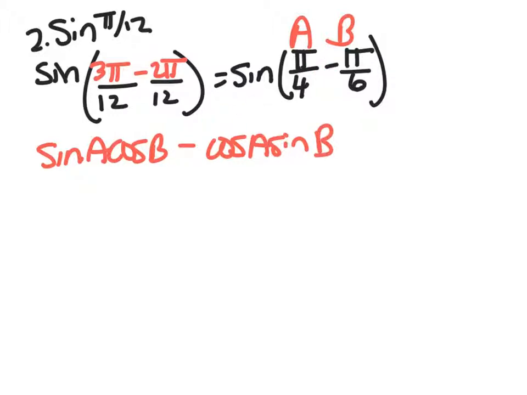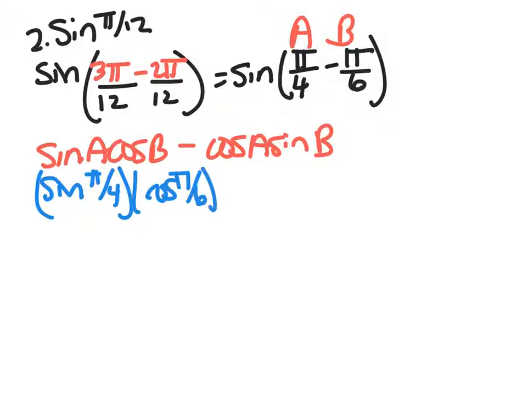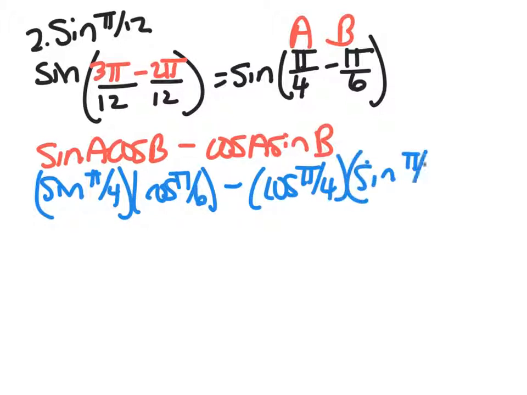And then we're going to fill it out. So sine pi over 4, cosine pi over 6, cosine pi over 4. Just plug in the angles for A and B. And then we're just going to look things up on your unit circle.